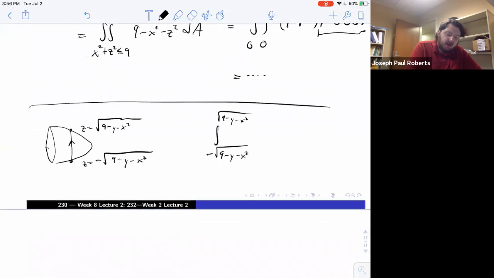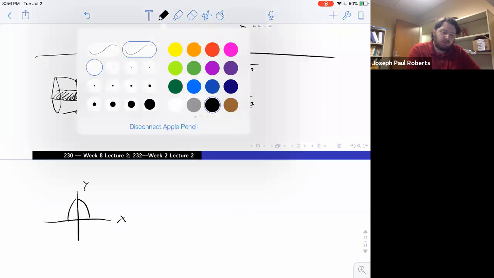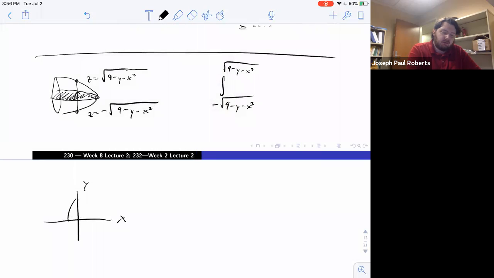And then your shadow in the xy plane wouldn't be a disk anymore. In the xy plane, it would look like this parabola type region. So, okay, let's draw that.